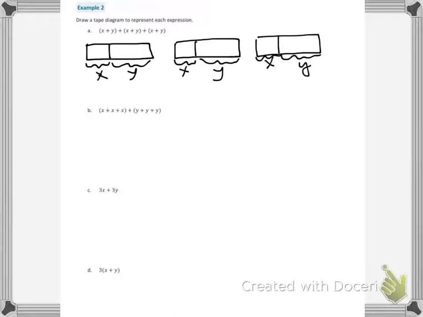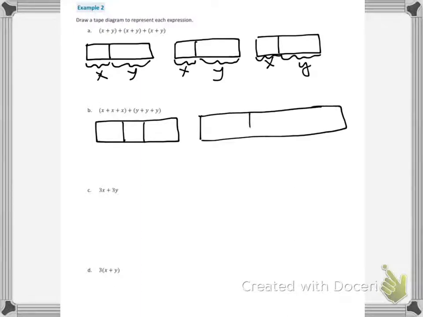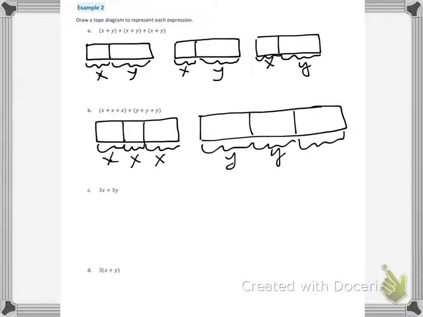So if we do x plus x plus x, and then y plus y plus y, and label those like this. These are all our tape diagrams, of course. These are all the same size. All the x's are the same, and all the y's are the same. They sure don't look it, but they are. Okay, so there we go.